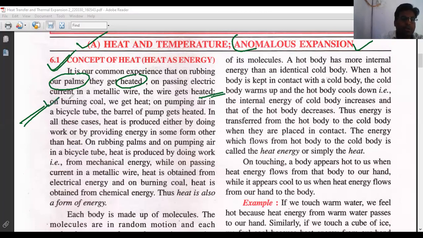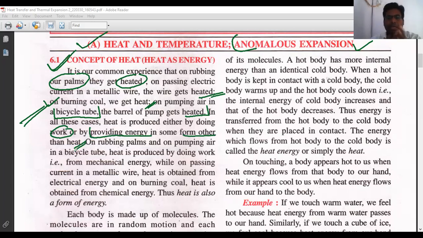On burning coal, we get heat. On pumping air in a bike tube, the barrel of the pump gets heated. In all these cases, heat is produced either by doing work or by providing energy in some other form that causes heat, right?